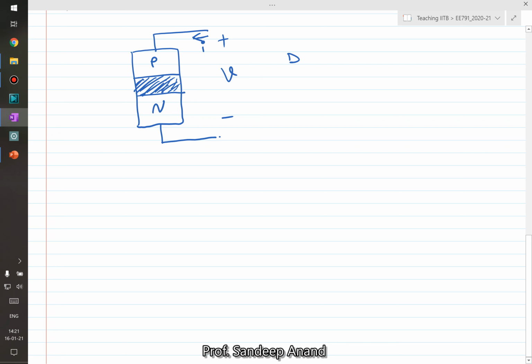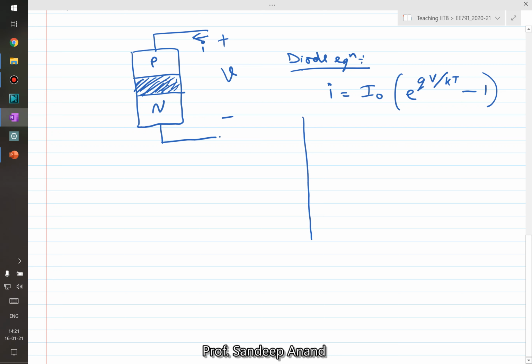Then the diode equation I can write as I is equal to I naught e raised to the power qV by kT, minus 1, right? And this equation you would have seen being derived in your basic devices course.